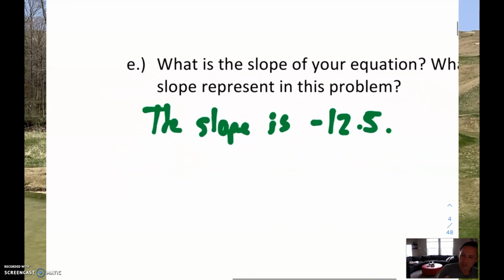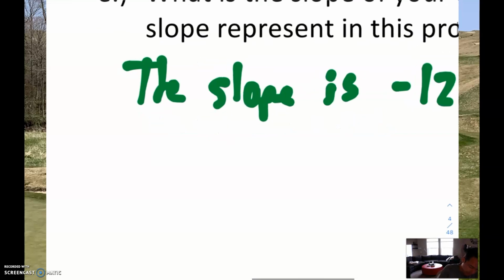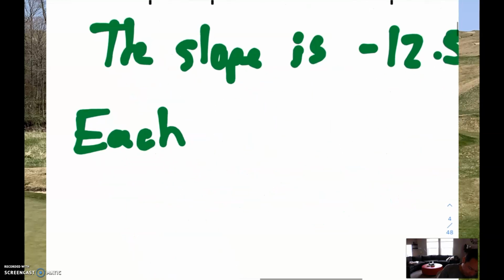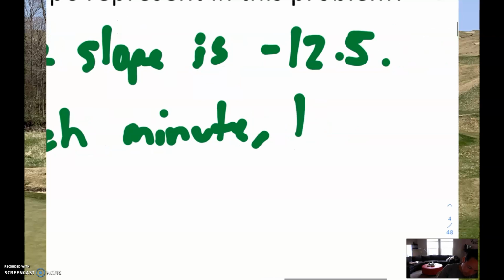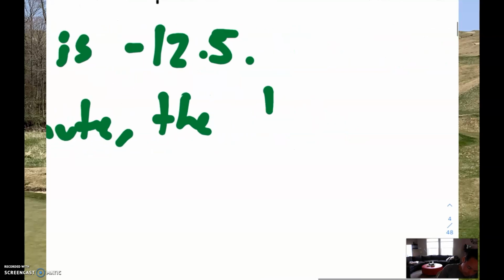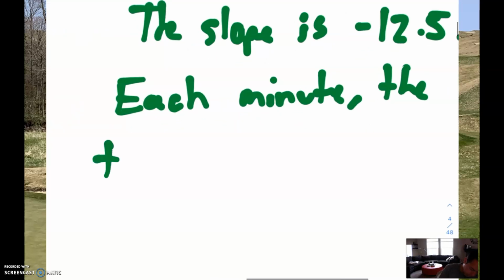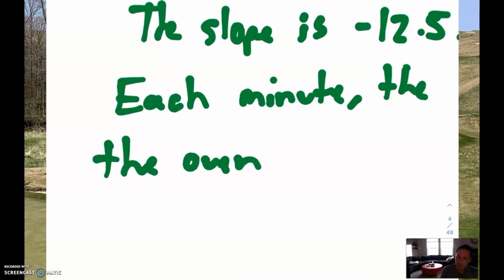And typically a good word to use when you're describing the slope is the word each. So I'm going to say each minute the temperature of the oven. Now, is that temperature going up or down?